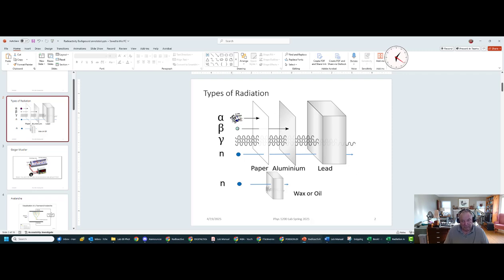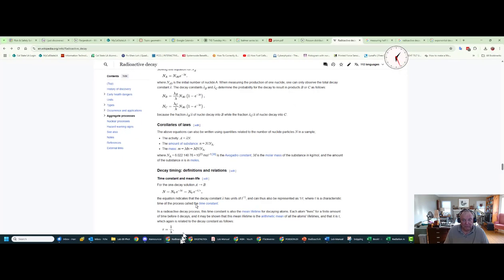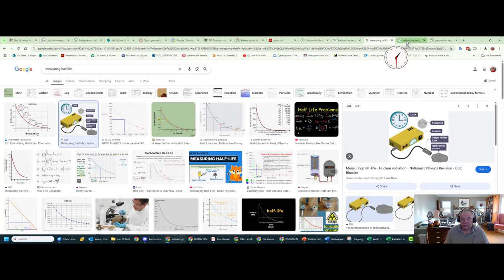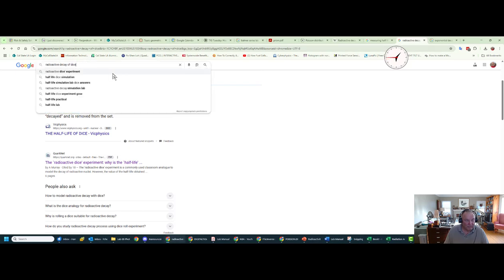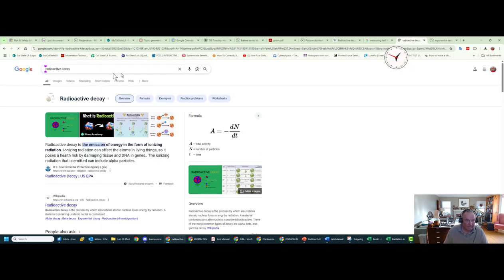Alpha particles are helium nuclei. I wonder if I have a picture anymore. Oh, here we go. Anyways, you have a nucleus, and in the decay process, sometimes, and they say nuclear decay, of course.